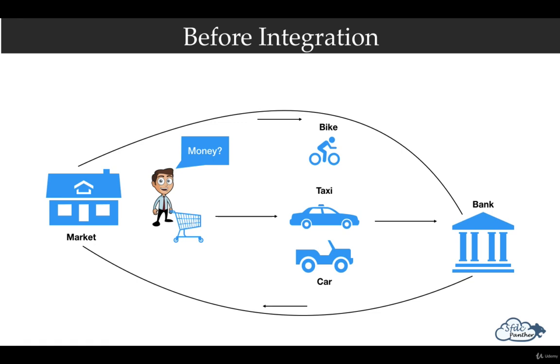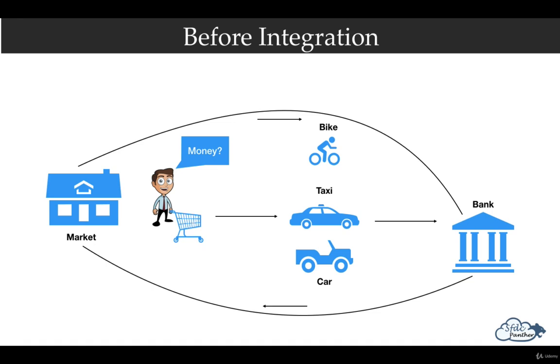The person has to go to the bank in which they hold an account, fill in a form, wait for their turn, take the money from the bank, and then drive back to the market. That would be time consuming, and there might be traffic, which is also a headache for that person. And this was a completely old structure before integration came into the picture.